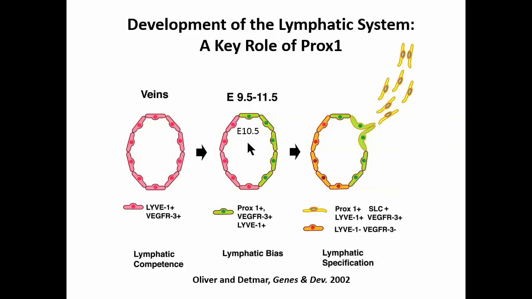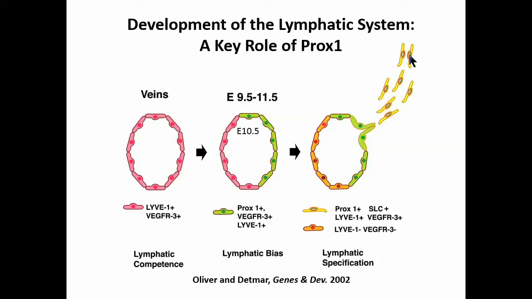It is thought that here in the lymphatic bias, the cells that express the lymphatic phenotype or lymphatic specific genes arise from pre-existing veins. From the lymphatic bias, these cells acquire lymphatic specification, and at this point they express a higher level of the lymphatic specific genes.